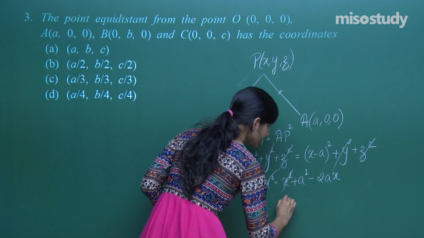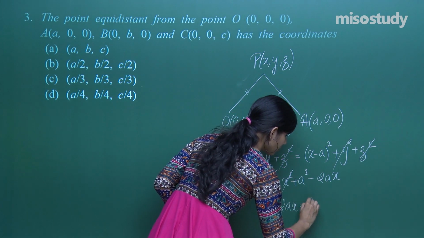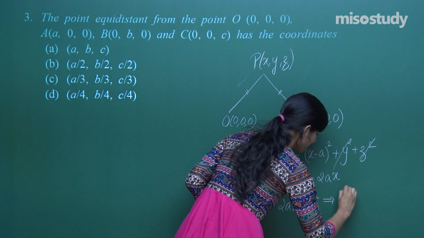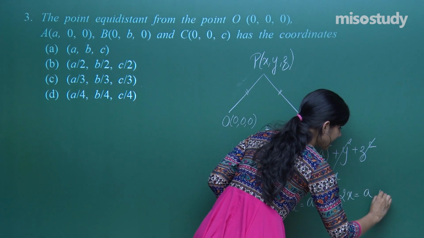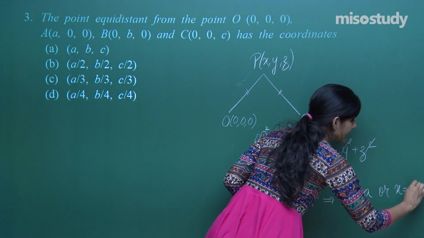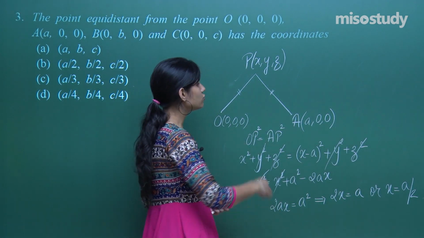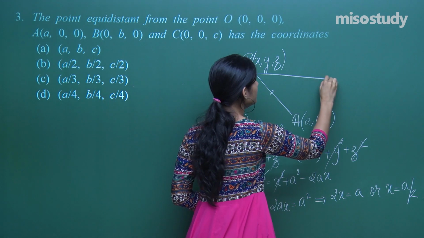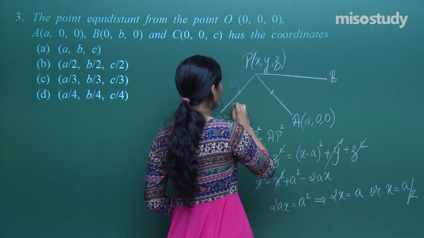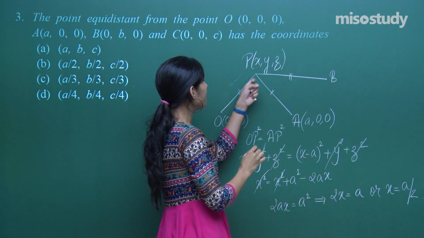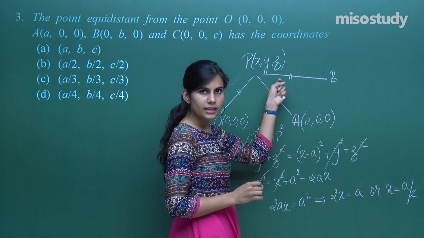So you have 2ax equals a square, which implies 2x equals a, or x is a by 2. The moment you have x equals a by 2, you can use another thing, that OP is also equal to BP, right?